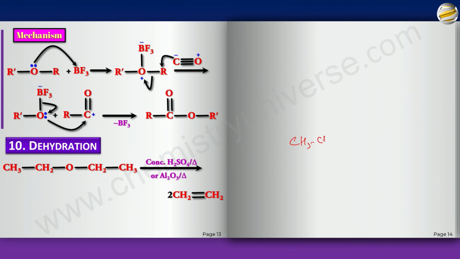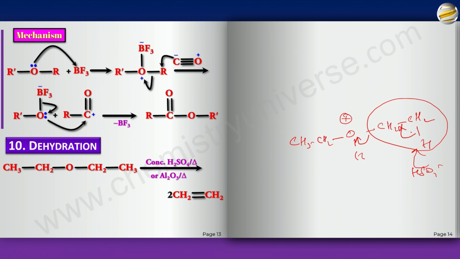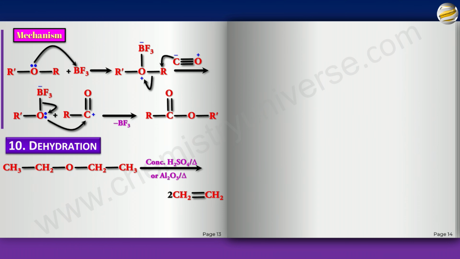You will have ether forming first this oxonium ion, right? Now the HSO4 minus will come and take this proton, and this will break and this will go here. So it will form an alkene of this one. Then again you have an alcohol with sulfuric acid, again showing dehydration, and it will give you alkene again.